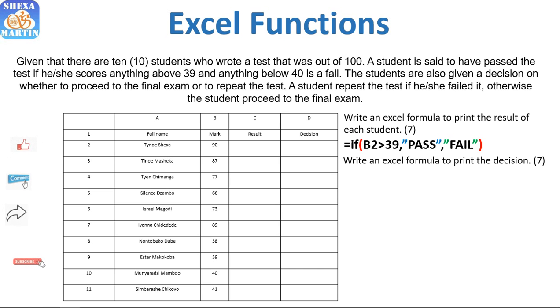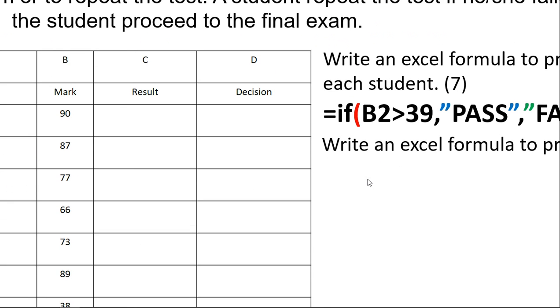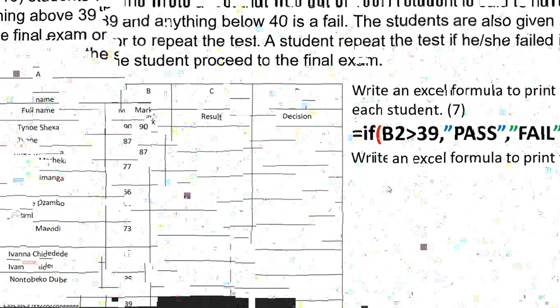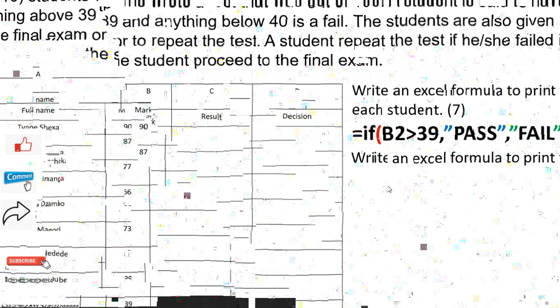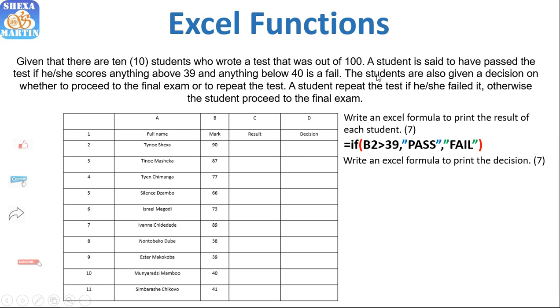Right, so let's now talk about another question. Write an Excel formula to print the decision. So the decision is here, but there is a statement which tells us the formula which is needed for us to print the decision. The students are also given a decision on whether to proceed to the final exam or to repeat the test. Now nothing is known about the formula that is going to be applied.